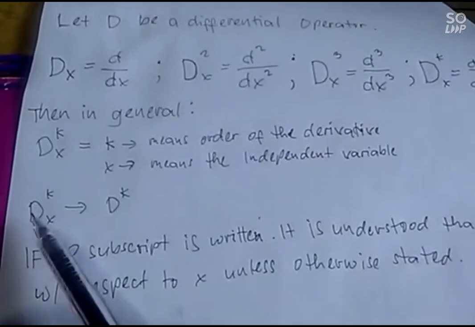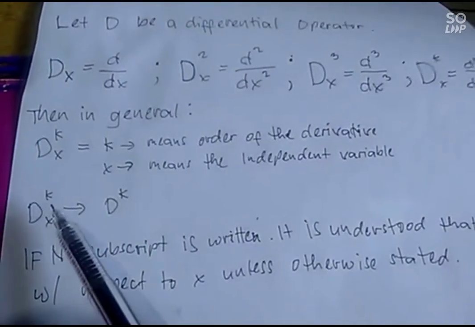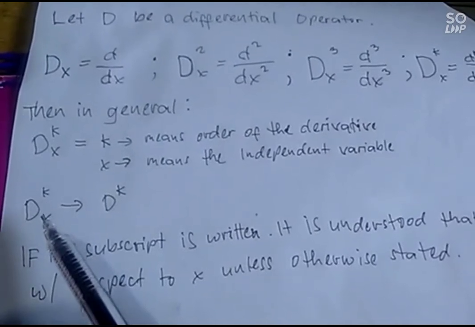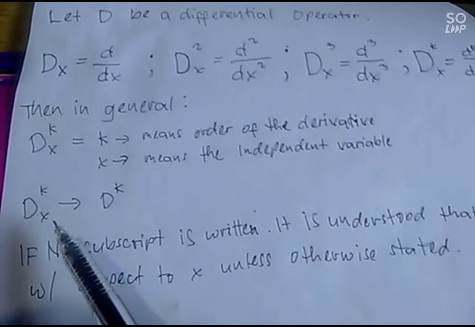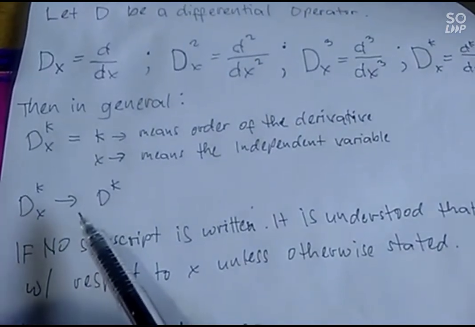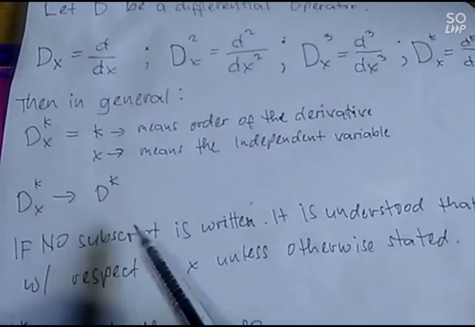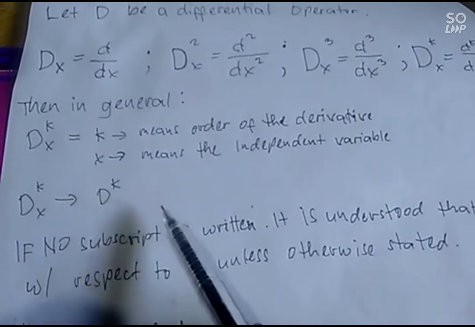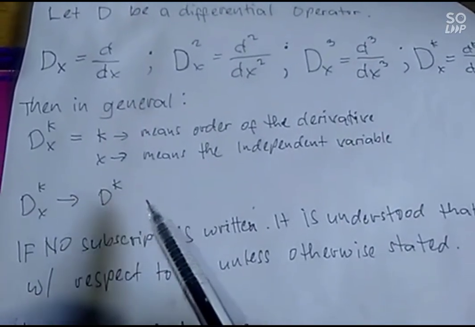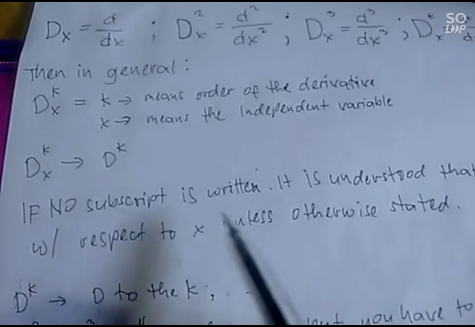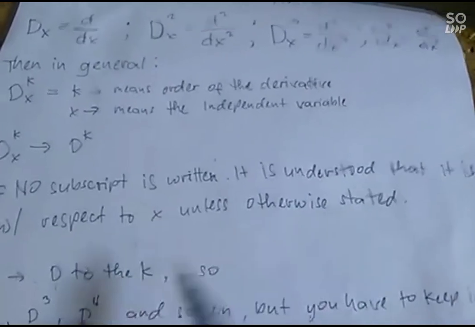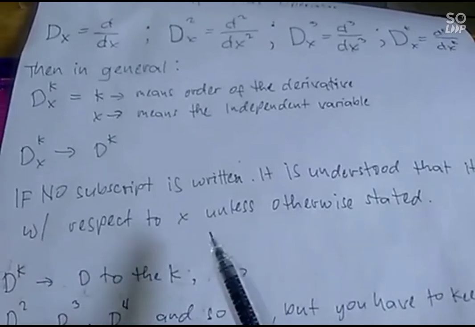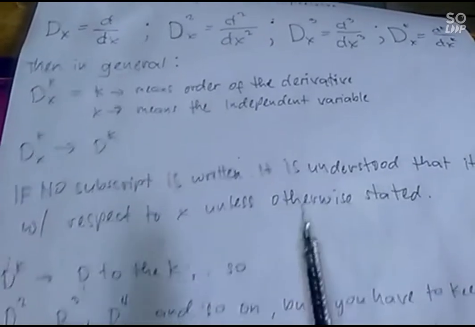D with superscript k and subscript x is normally written as D to the k, disregarding the subscript. If no subscript is written, it is understood that it is with respect to x unless otherwise stated.